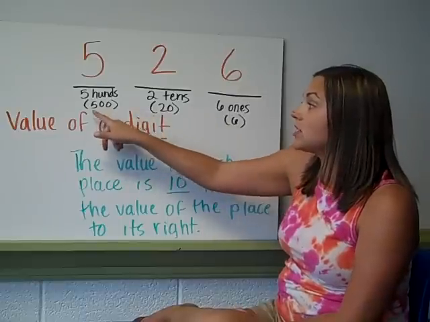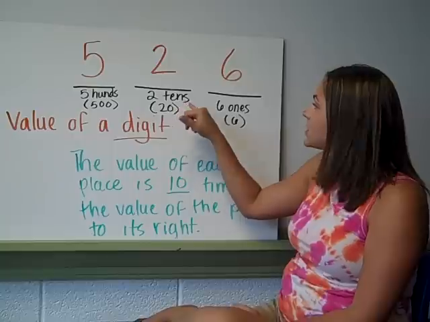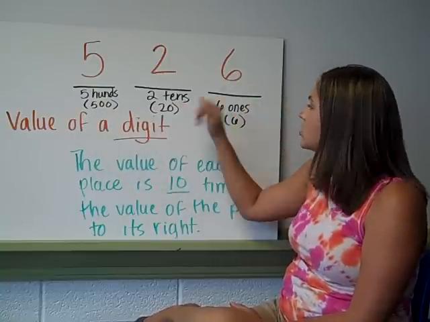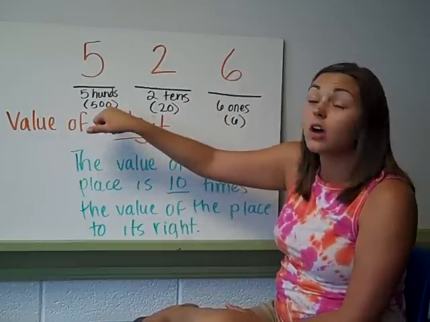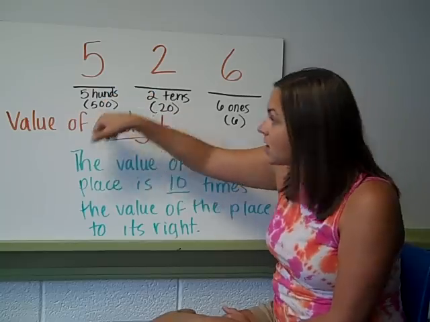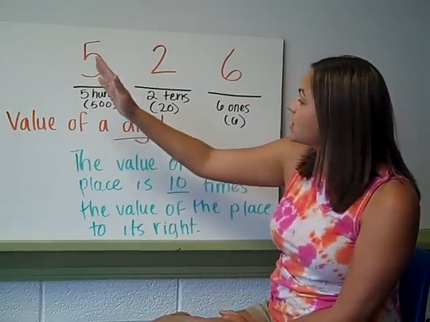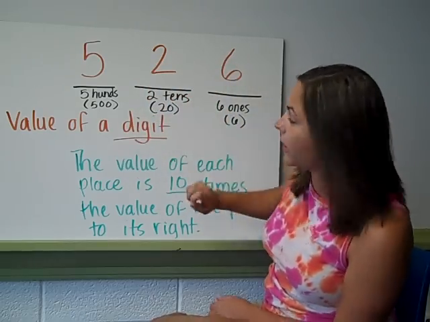The value of hundreds is 10 times 10. We know that 10 times 1 is 10, 10 times 10 is 100, 100 times 10 is 1,000, and 1,000 times 10 is 10,000. So every digit to the left is 10 times the digit before it.